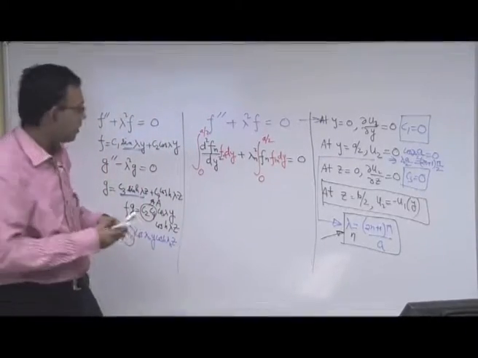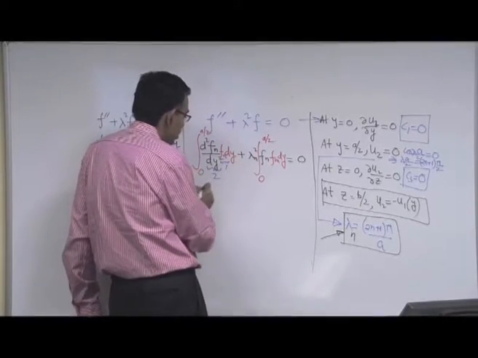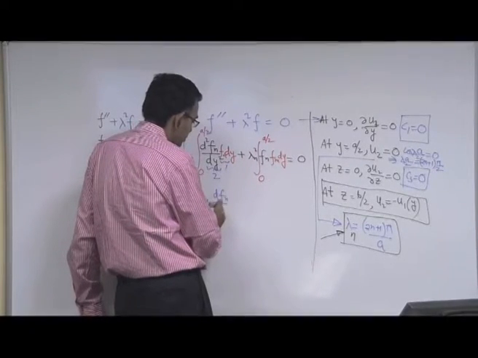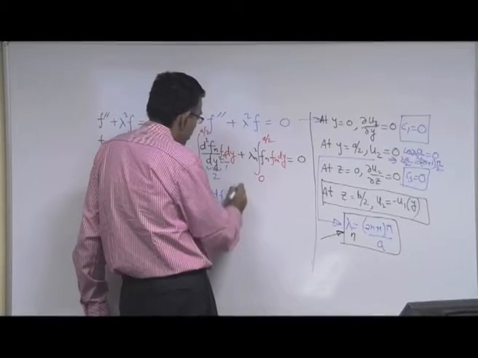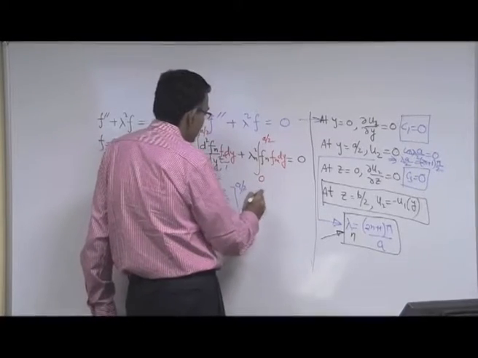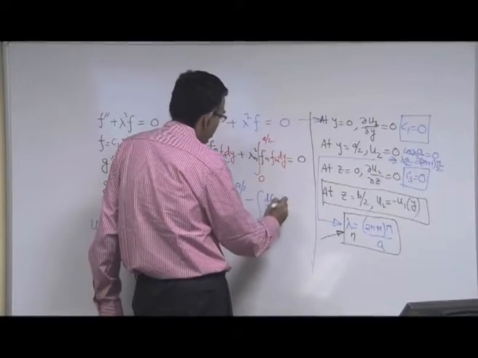So, first function, this is first function, this is second function. So, first function into integral of the second minus integral of derivative of first into integral of the second.